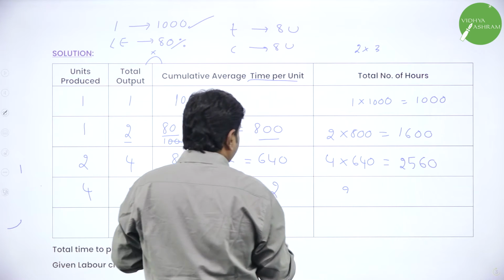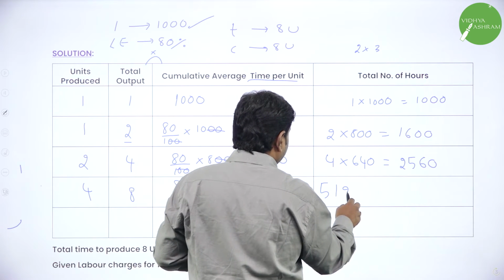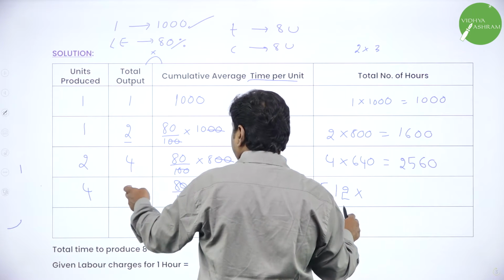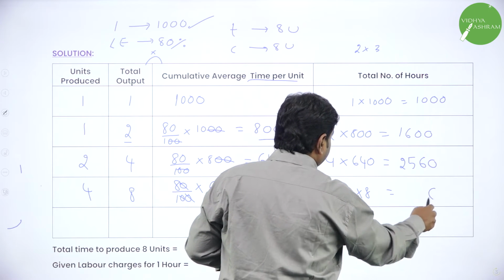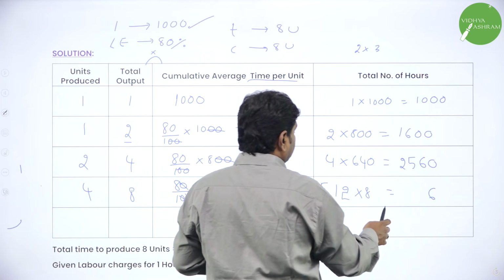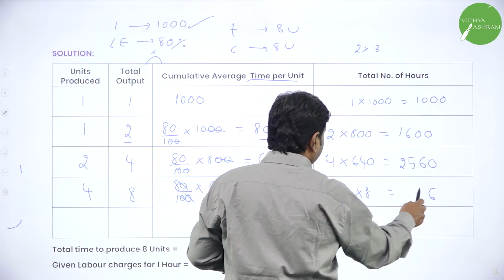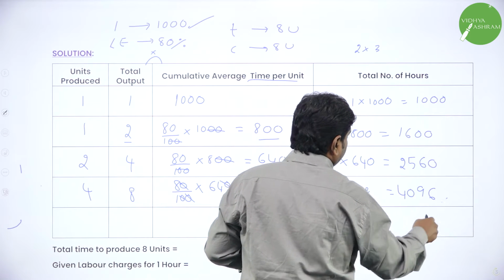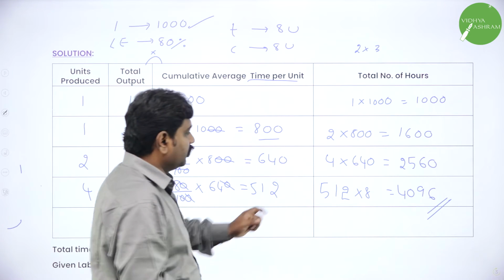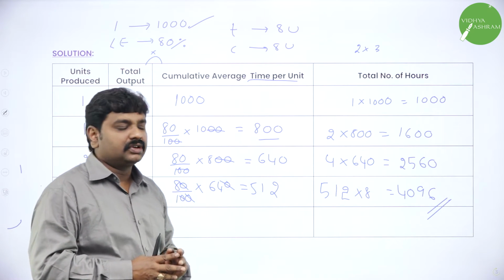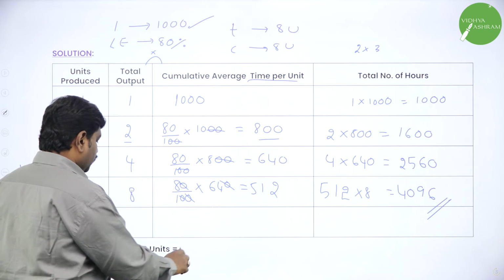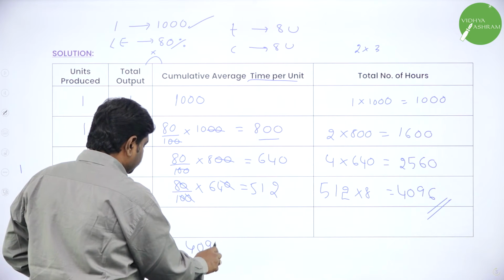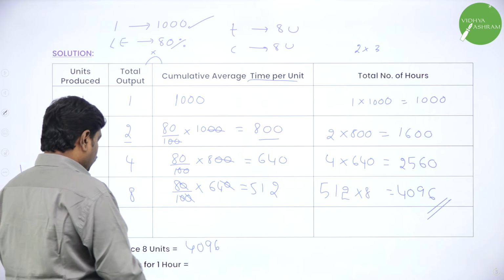So now 512 into 8, the output is 8: 8 2s are 16, 8 1s are 8 plus 1 is 9, 8 5s are 40. So this is the total time because we want time. So now the total time is 4096 hours.